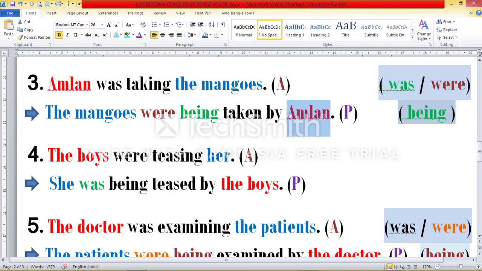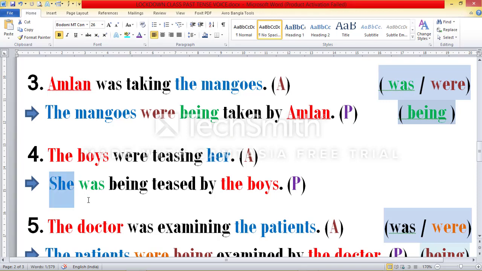The fourth sentence is the boys were teasing her, in which the boys is the subject and her is the object. So at first we have to make the object her subject. So the subject form of her is she.